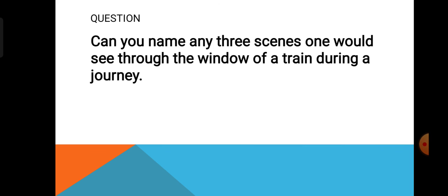Now is the time for you to answer your discourse activity question. The question is, can you name any three scenes one would see through the window of a train during a journey? I'll once again repeat the question. Can you name any three scenes one would see through the window of a train during a journey?